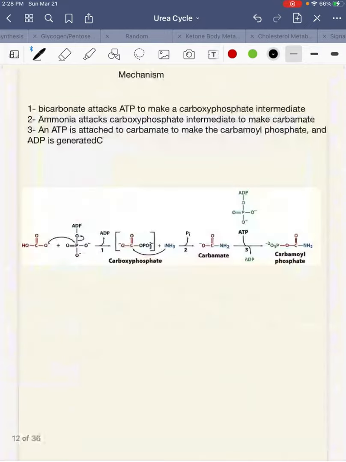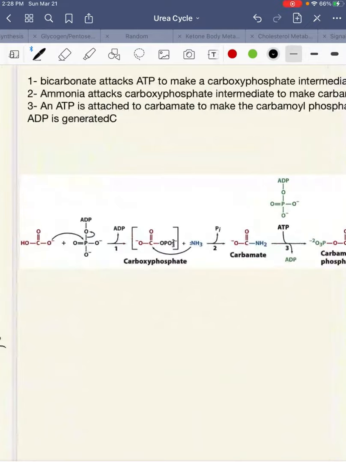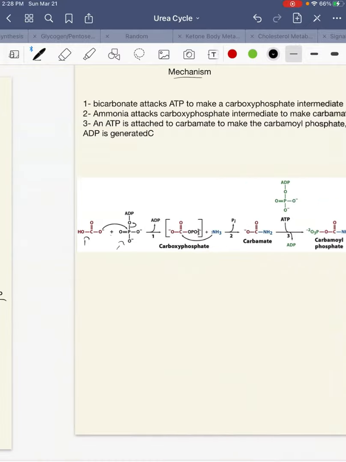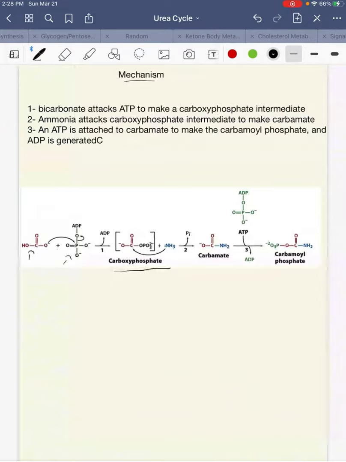Okay. So let's talk about the mechanism of it. This is bicarbonate down here. This is ATP. So bicarbonate will start by attacking ATP. We get a carboxyphosphate intermediate. This is very similar to pyruvate carboxylase, if you remember.